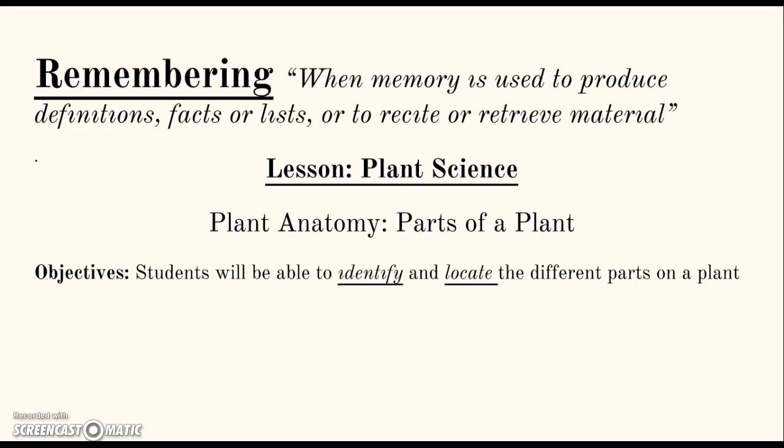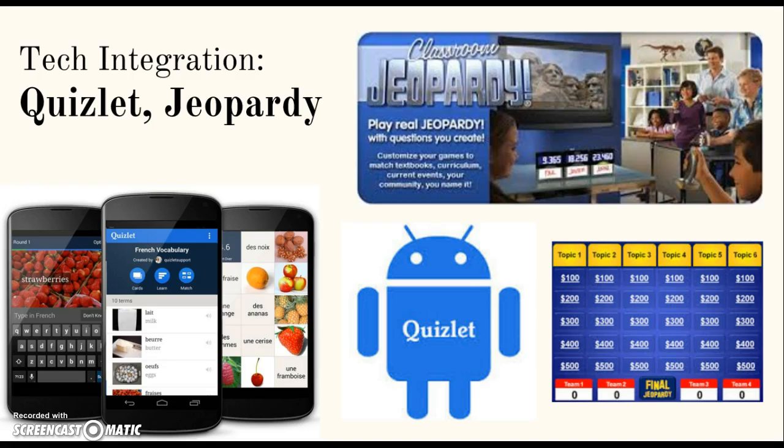So first is remembering, which is when memory is used to produce definitions, facts, or lists, or to recite or retrieve material. So for this lesson, plant anatomy, students will be able to identify and locate the different parts of a plant. So for technology integration on this, I chose to use Quizlet for students' individual practicing.